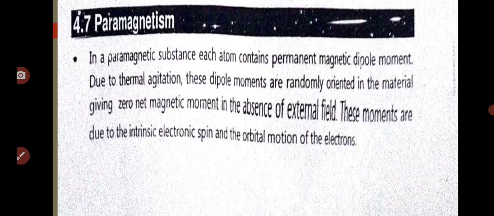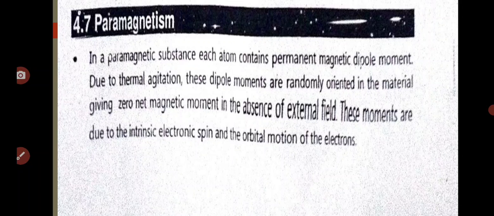First of all, we consider diamagnetic material, which is affected by the electronic spin in the shell or orbiting of the atom. In both paramagnetism and ferromagnetism, the substance is related to intrinsic electronic spin and orbital motion of the electron.